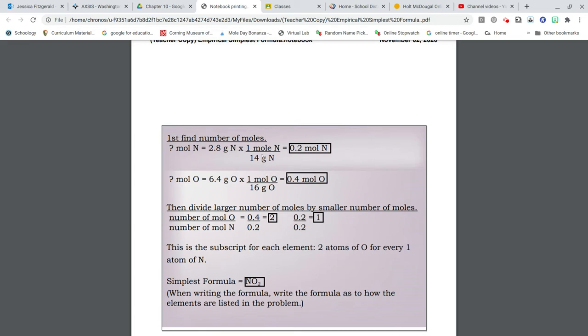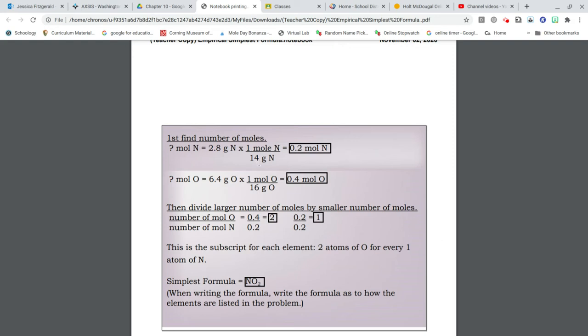Now notice that I'm only putting the mass of a single nitrogen and a single oxygen. I am not thinking of diatomics because we don't really know how many nitrogen atoms or oxygen atoms there are in this formula. So we want to forget that diatomics exist when we're working with empirical formulas.